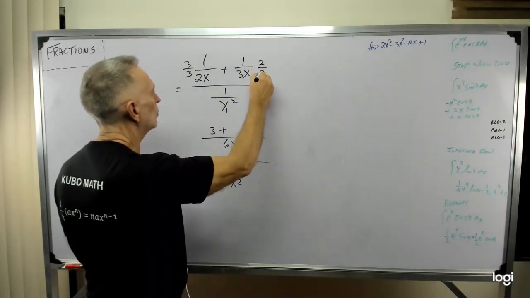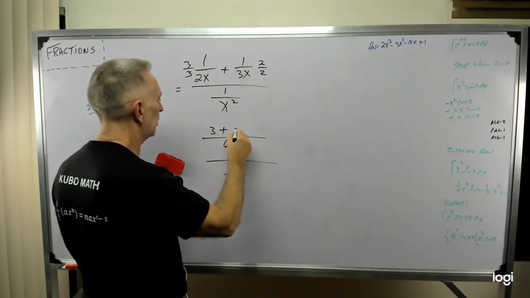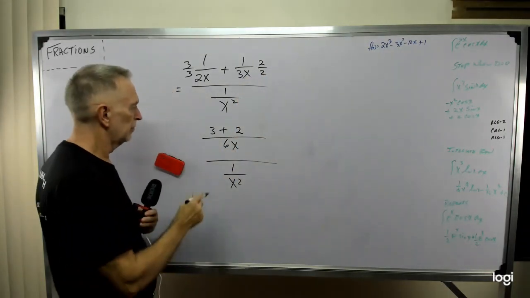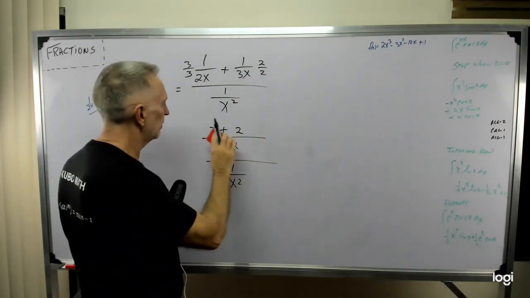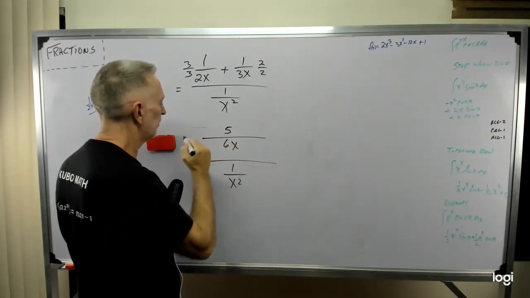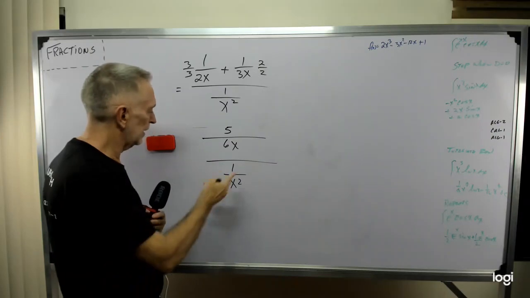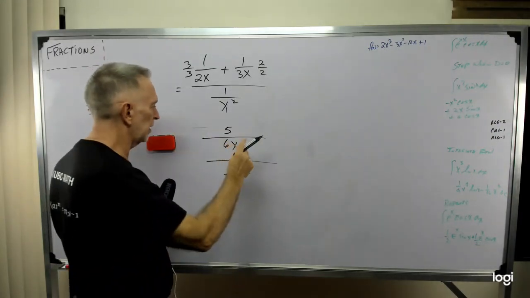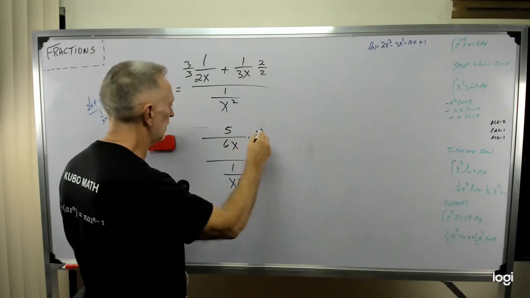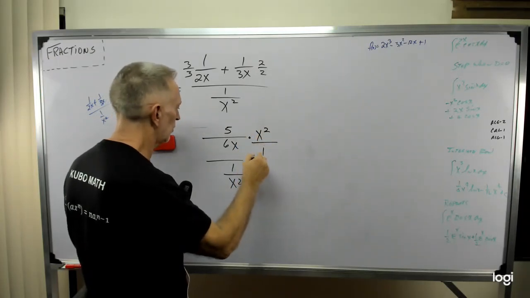So 2 over 2 would give me plus 2, and then 2 times 3x is 6x. So that gives me 5 over 6x. 3 plus 2 is 5. Okay, now I'm going to invert and multiply. So I have this times x to the second power over 1.